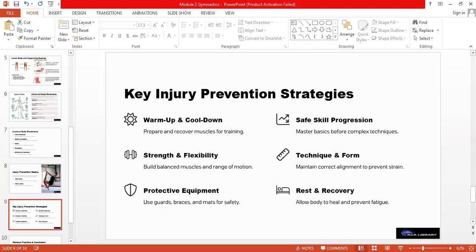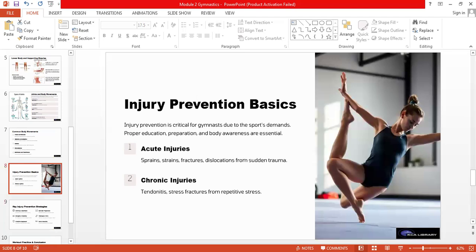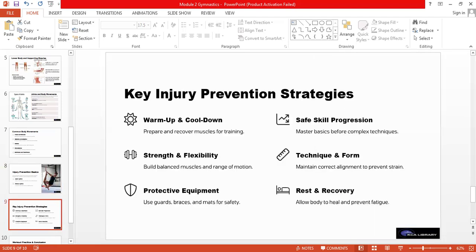And what are the key injury prevention strategies that we can use to work against such injuries that we've just mentioned, the acute injuries and the chronic injuries? We have warm up and cool down. Just like I said, we've talked about it before, it prepares and recovers muscles for training.